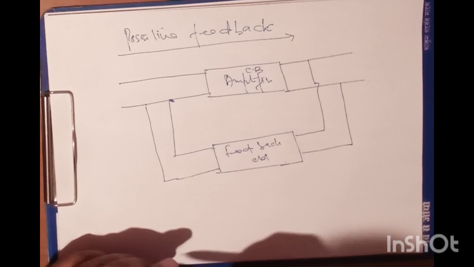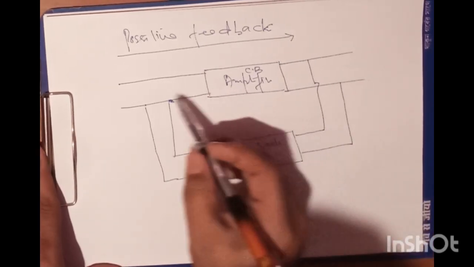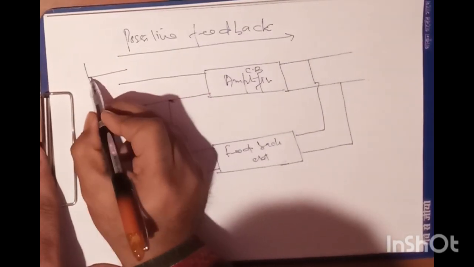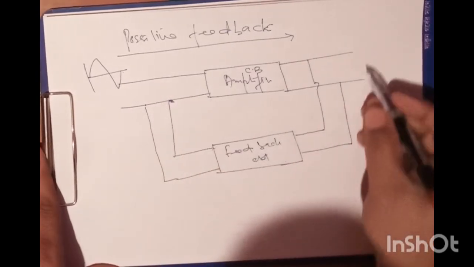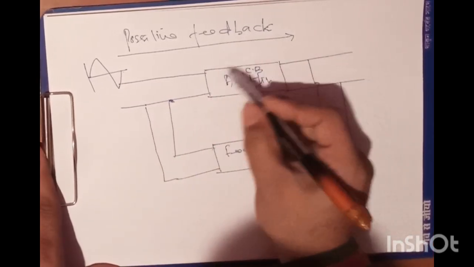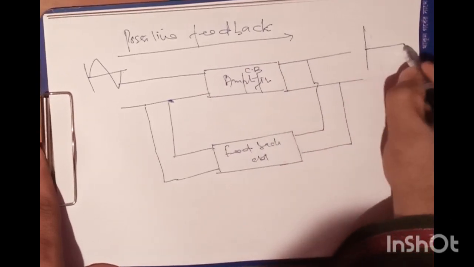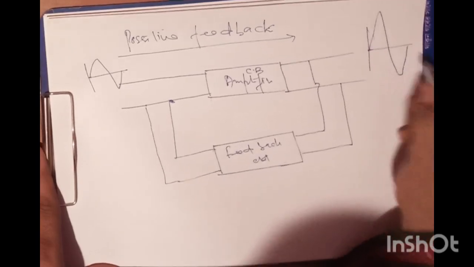So this way, suppose we have an input signal like this. When it goes through the amplifier, it will enhance its magnitude, so it will be amplified.